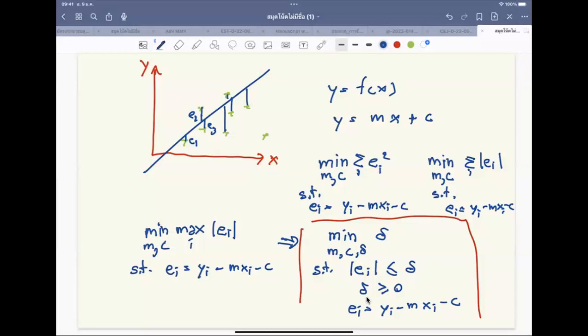However, we consider the maximum error. So minimize by adjusting the control action and maximize by adjusting the disturbance, the deviation, the offset, something like that.